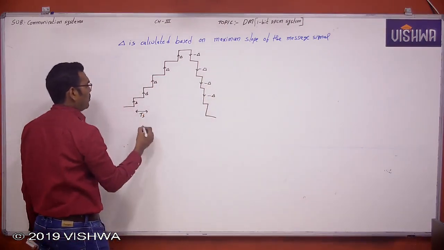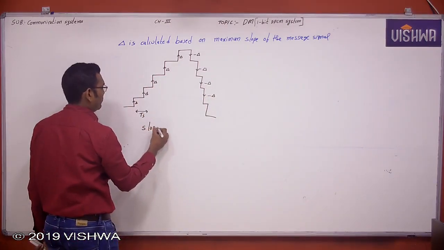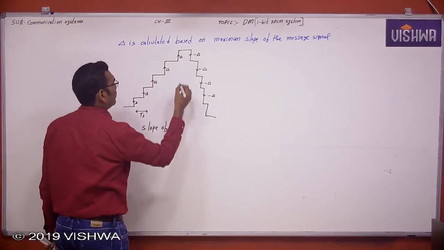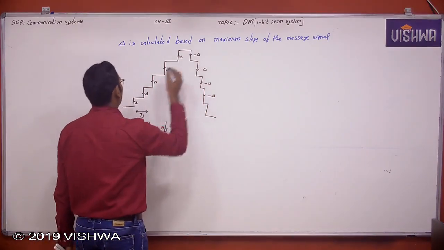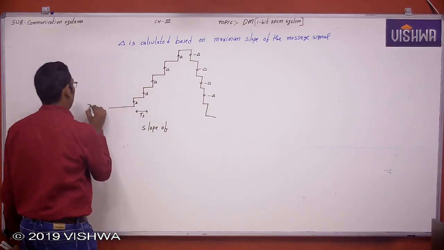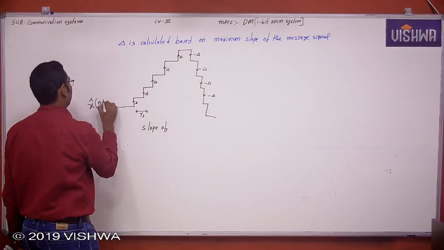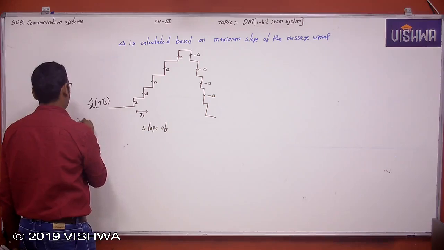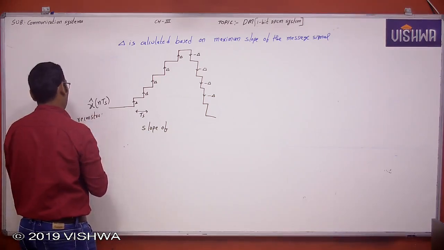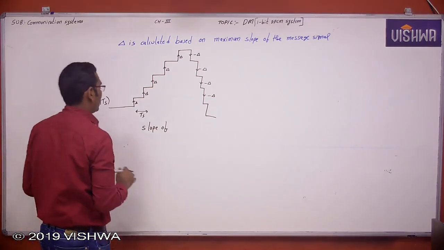Now what is the slope of this reconstructed signal, X cap of nTs? This is the reconstructed signal or staircase approximated signal.